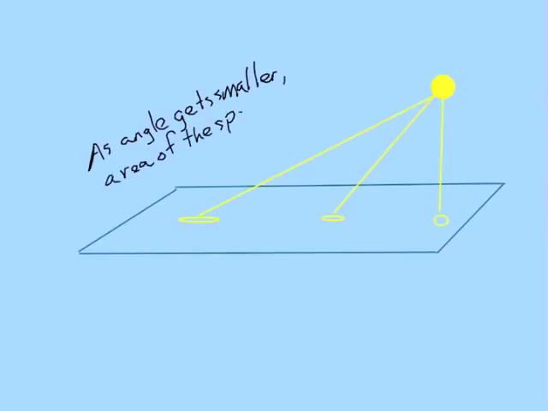Now, here's the sun shining on a flat surface. Winter, and summer, and at the equator. As the angle of the sun gets smaller, the area of the little spot of sunlight gets bigger.